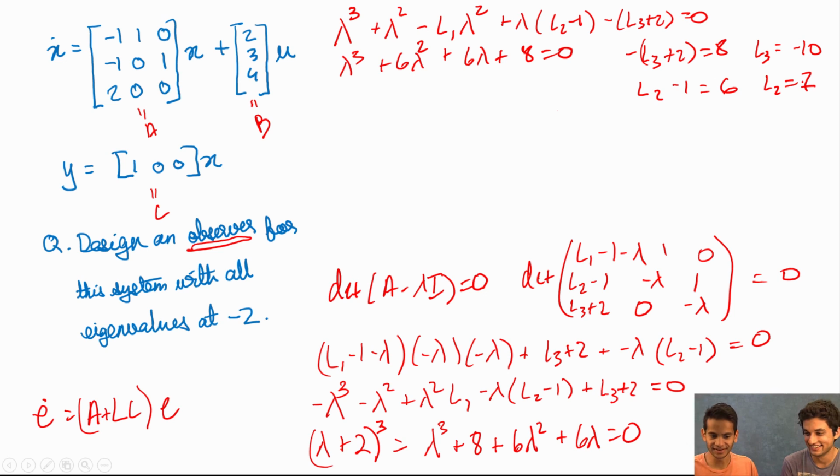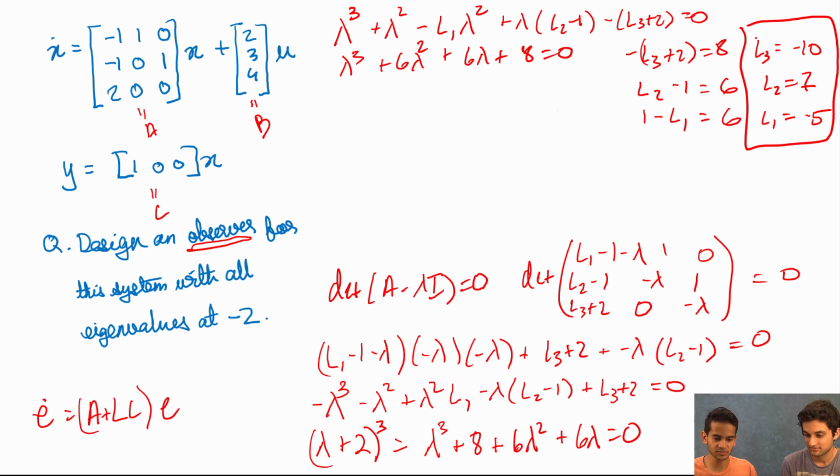And then we have 1 minus L1 equals 6. So L1 is equal to negative 5. Awesome. So our L looks like negative 5, 7, negative 10.